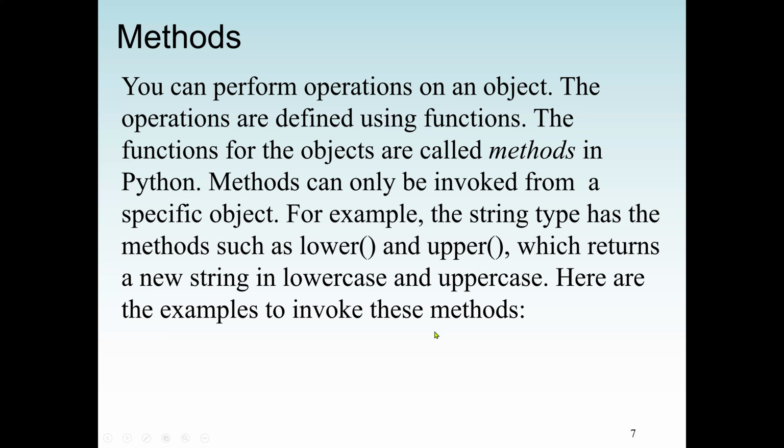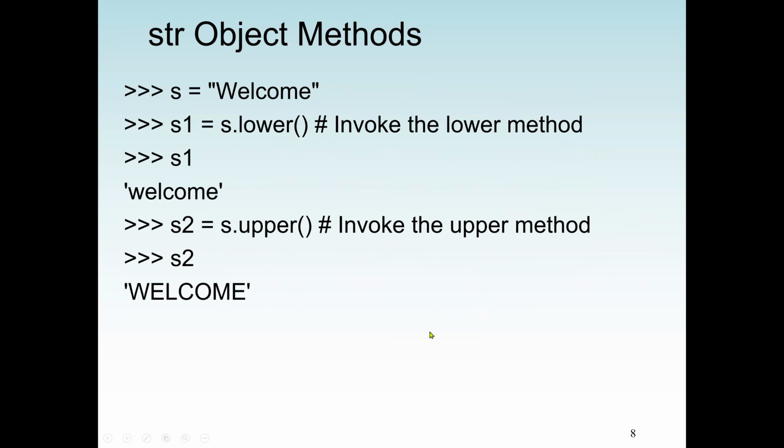So we can see an example of how we can invoke these methods. First we have an object or a variable named s, and we assign the string welcome to it. Next, first of all, we want to use the lower method.